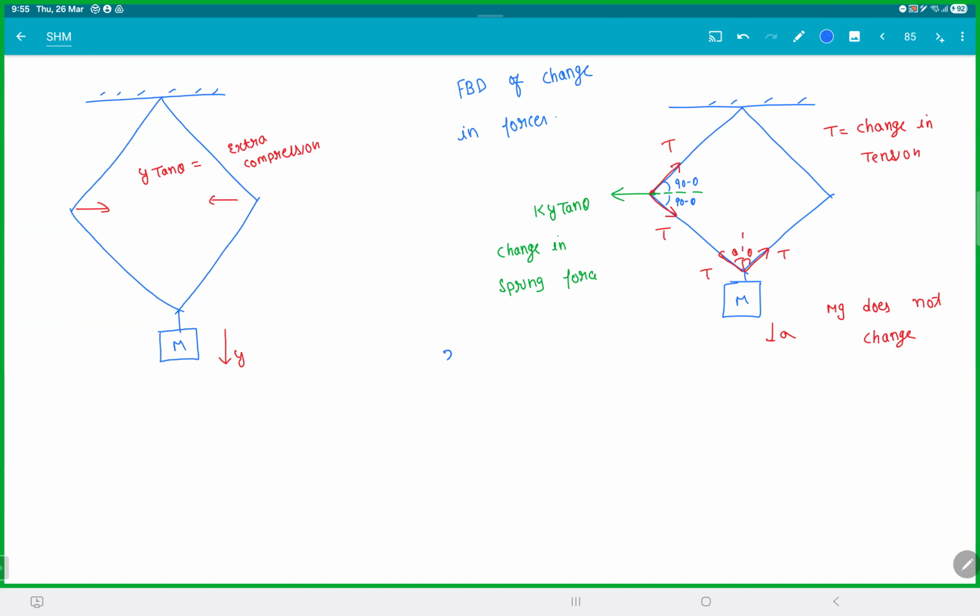Since that is in equilibrium, 2T cos(90 minus theta) is equal to ky tan theta. So from here we get tension is equal to ky tan theta by 2 sin theta. What about this thing? 2T cos theta is equal to minus mass into acceleration. Take this T and substitute here.